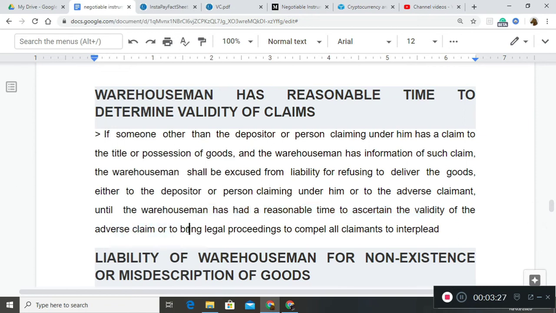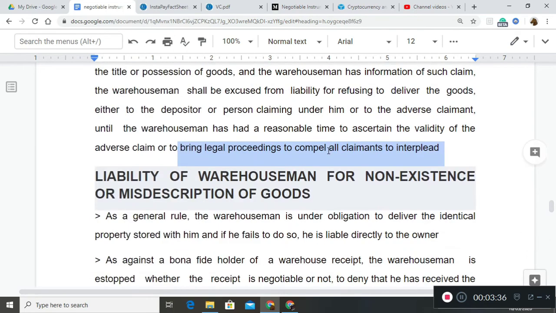This would mean that our warehouseman can bring legal proceedings to compel all claimants to interplead.